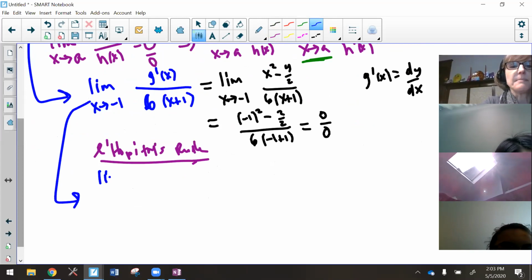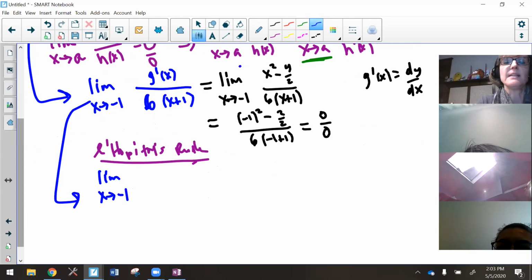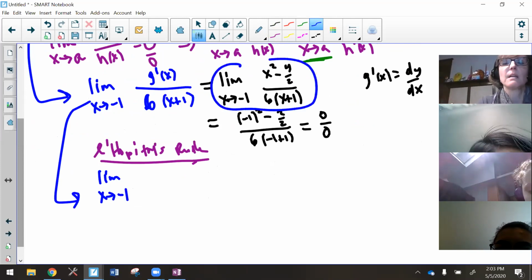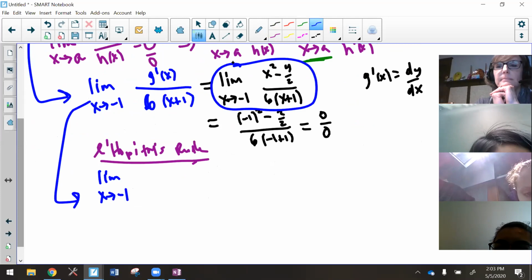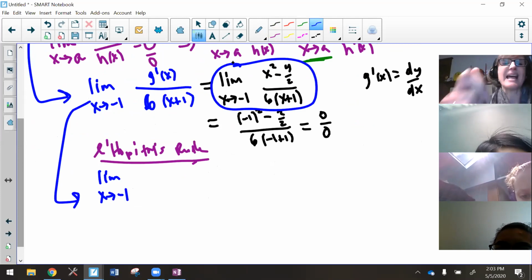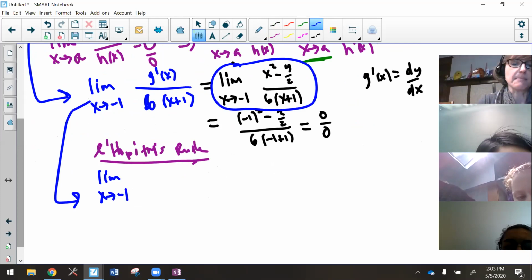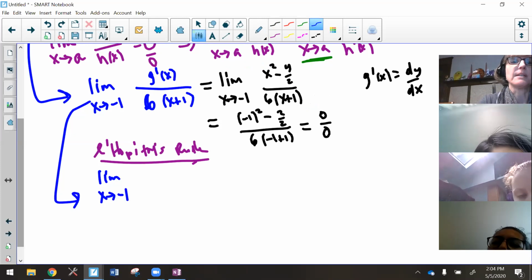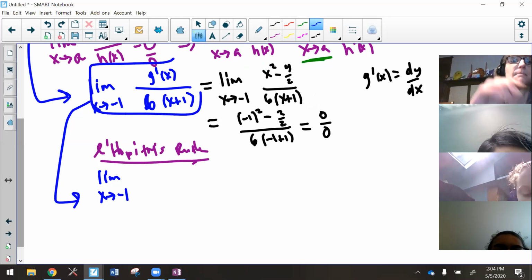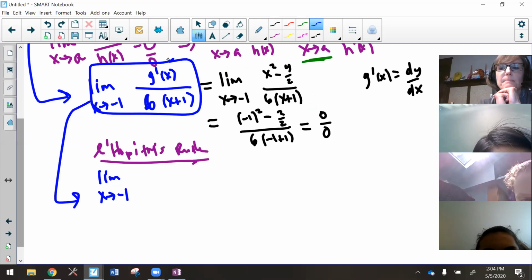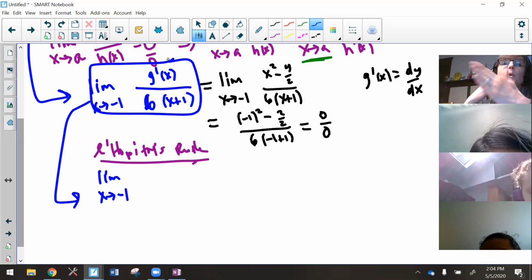So again, I'm taking the limit as x goes to -1. I'm looking at this over here. Actually, I'm not going to look at that. I take that back. I'm going to look at this. So what's the derivative of g prime of x going to be?